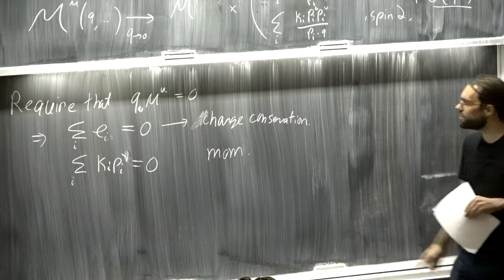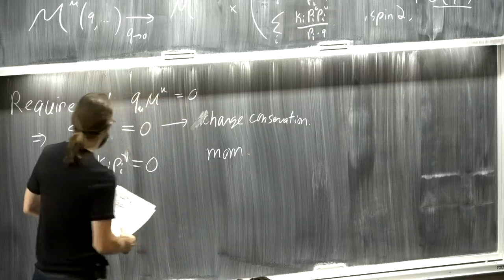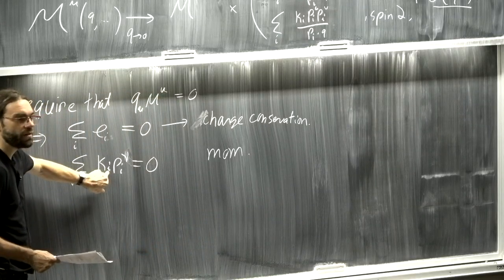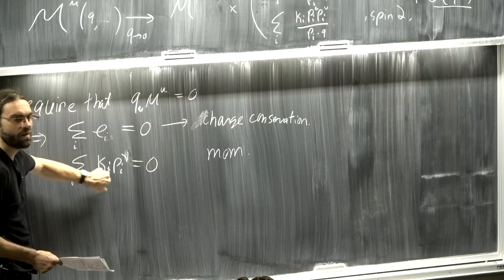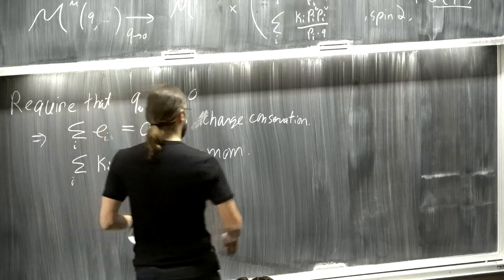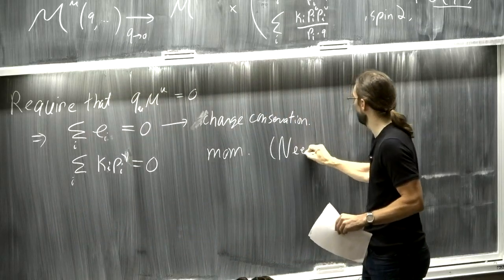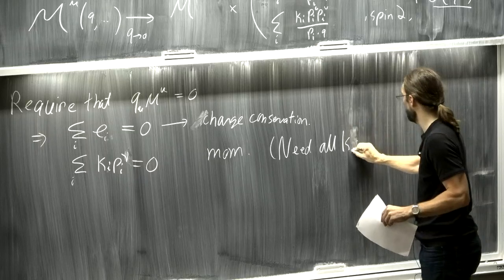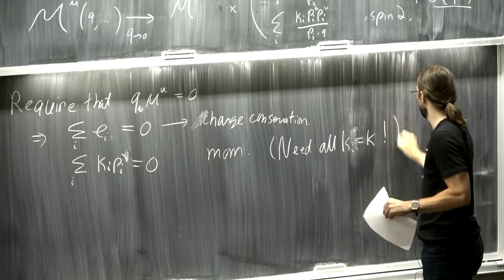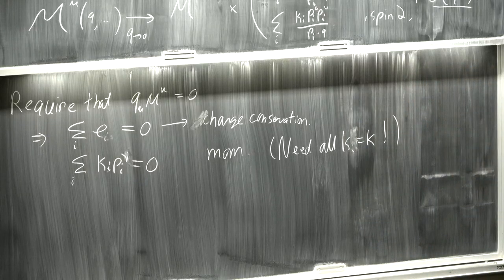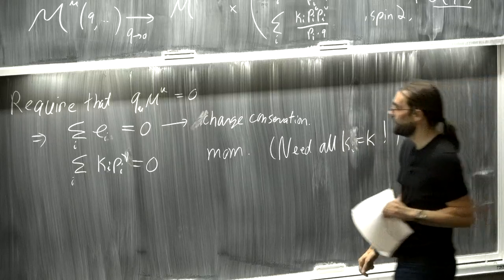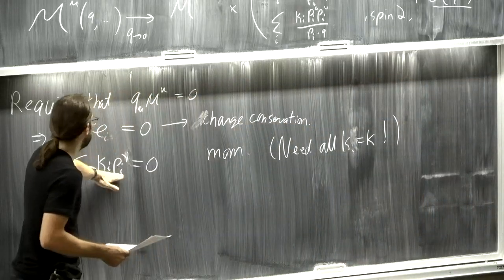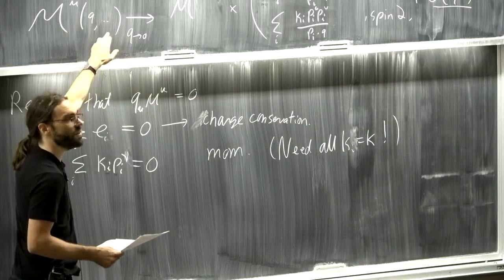And actually, for it to become momentum conservation, you need all of the couplings to be the same, kappa I equal kappa. So from this analysis, this has to be true for any configuration of the amplitude.